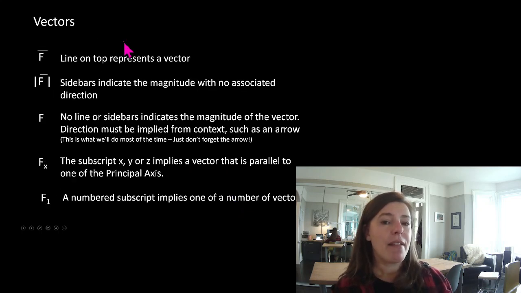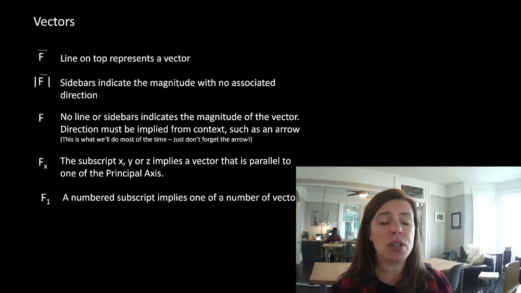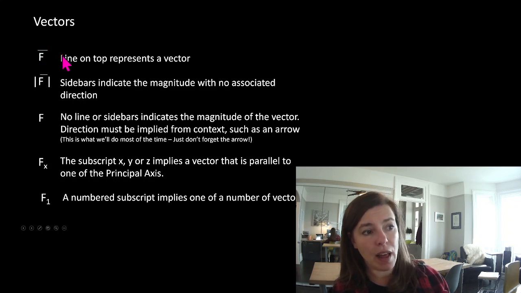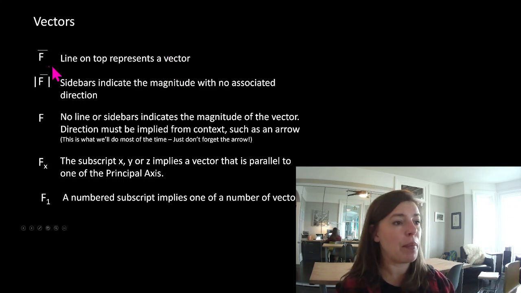All right, vectors are a way we can talk about force. We would write force with a line on top. It's representing a vector. It lets us know, hey, this isn't just a normal number, it's actually a vector number.